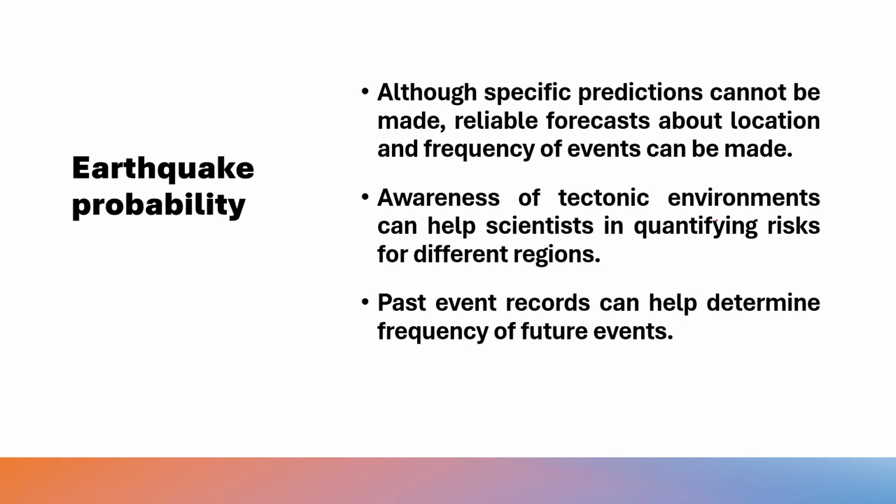If you look at the past events and near present events, that area has experienced a lot of earthquakes. So that's how we cannot make specific predictions, but reliable forecasts can be made. Like how you look at the weather forecast, right? People say that there is a chance for rain. Rain can come, rain may not come, but there is a chance. That's the thing.